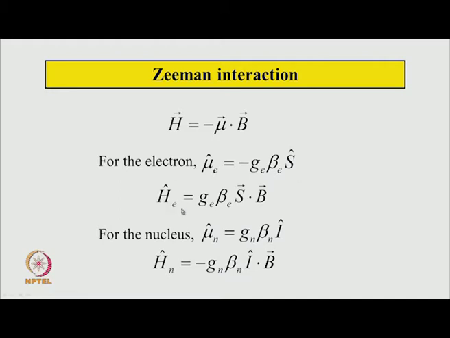So, the operator for the Zeeman interaction is g_e beta_e S dot B. Similarly, for the nucleus it is g_n beta_n, and I is the magnetic moment of the nucleus. So, that gives the Hamiltonian for the nuclear Zeeman interaction, which is g_n beta_n I dot B.